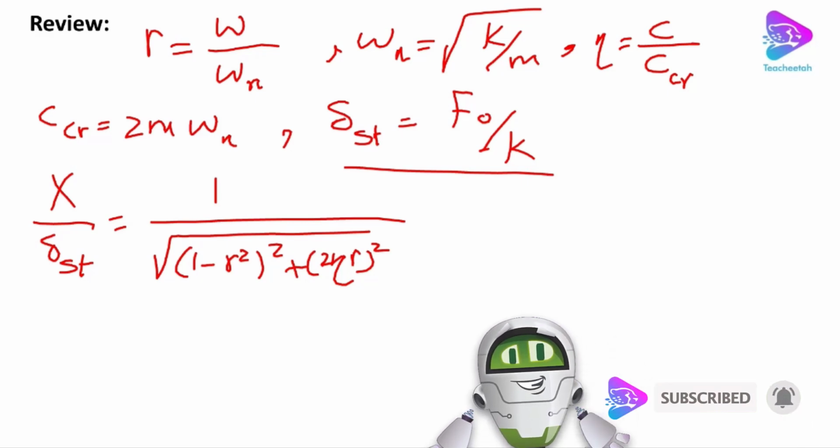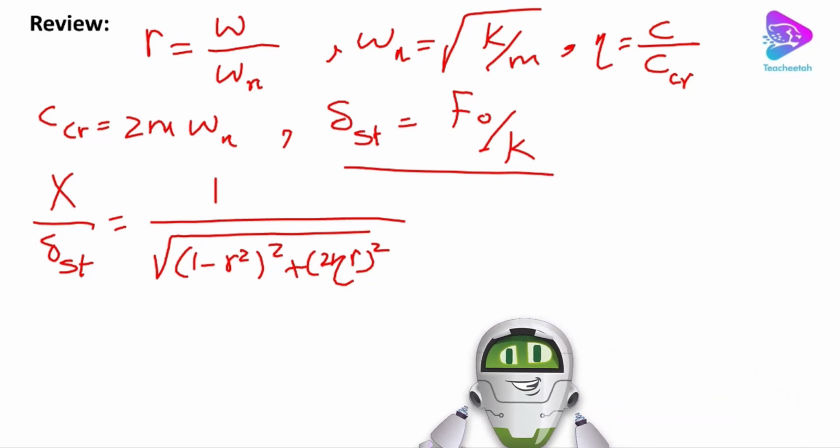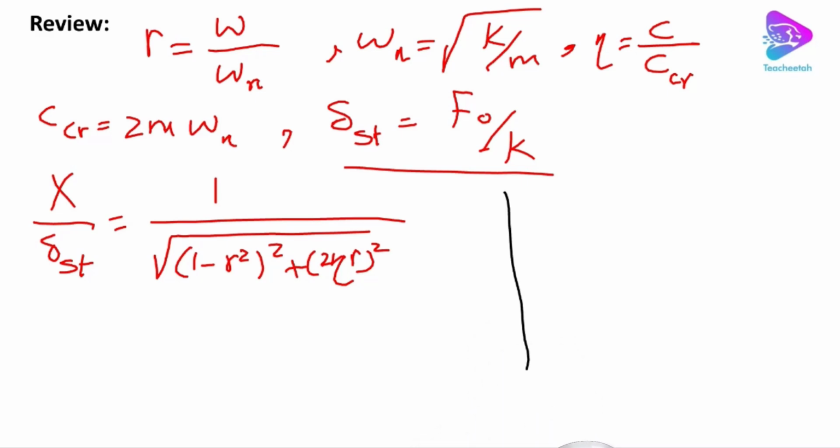And there is another important graph that I want to show you schematically here, which is like a frequency domain plot. So R, which is omega over omega n, is on the x-axis, and the y-axis is X over delta static, or the amplitude ratio.